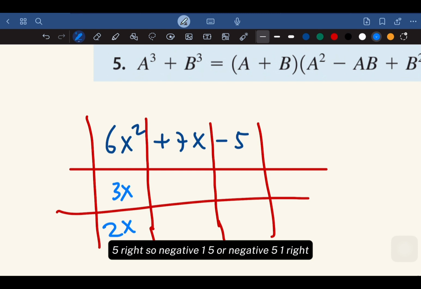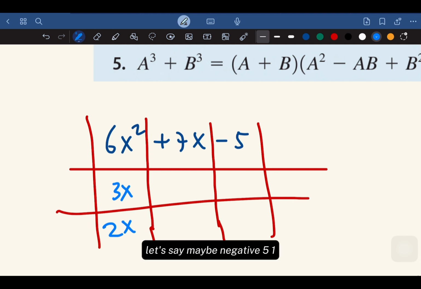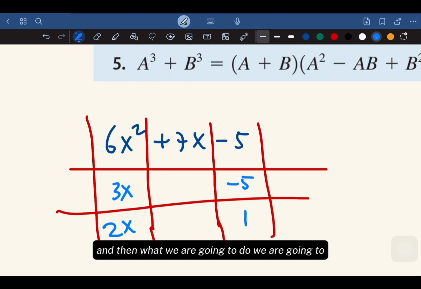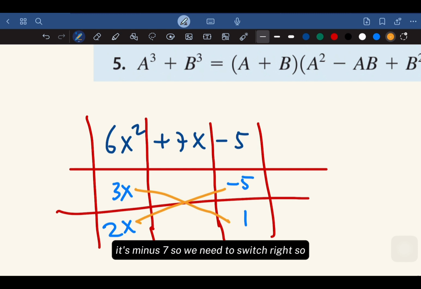So -1, 5 or -5, 1. So we could try, let's say, -5, 1, okay? And then we are going to cross multiply this. Okay. So 3x minus 10x, it's -7.